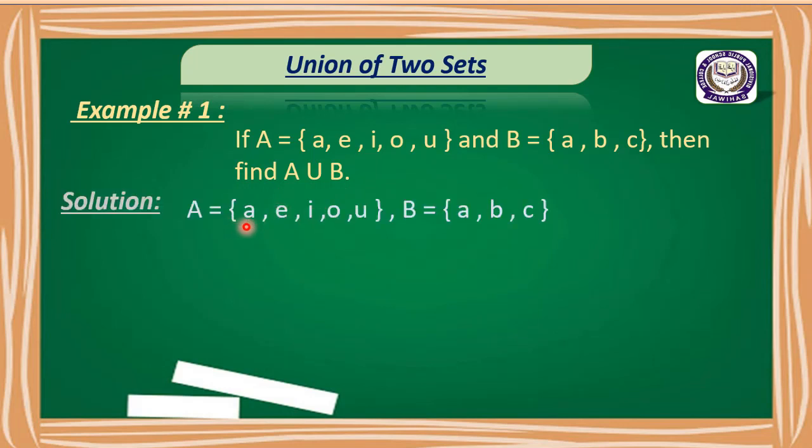A is a set which has elements A, E, I, O, U and B is a set which has elements A, B, C.